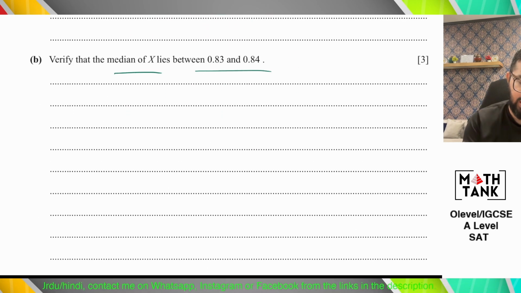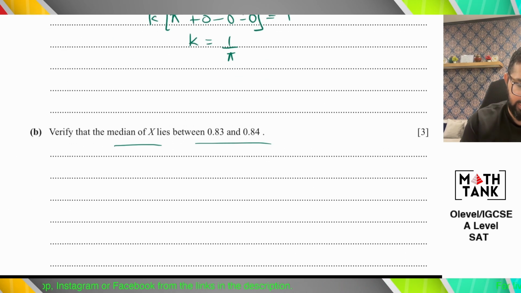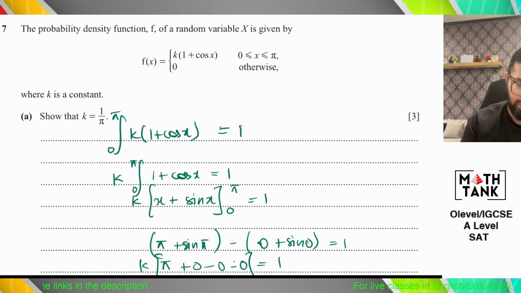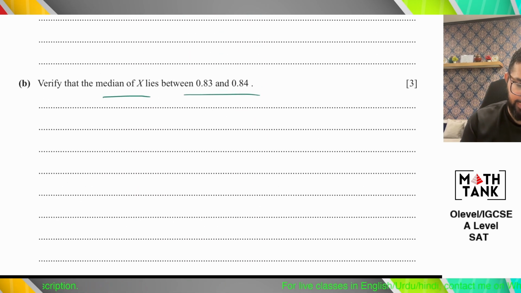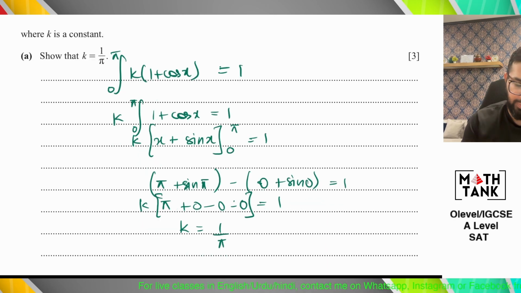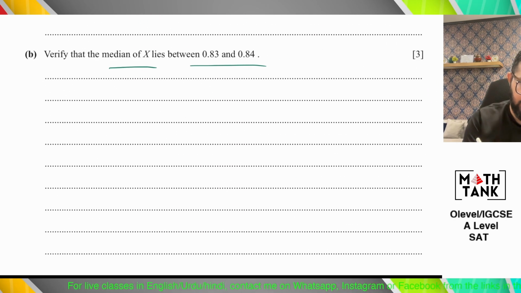Verify that the median lies between 0.83 and 0.84. Okay, now this is only verify. So what I'm going to do is integrate from 0 to m, and this should be equal to 0.5.